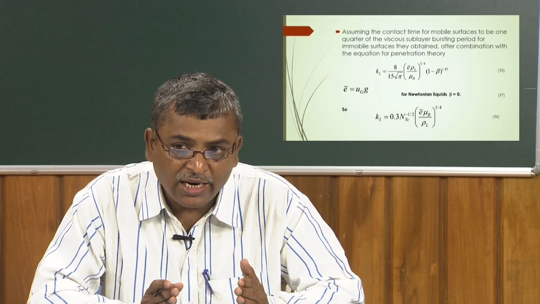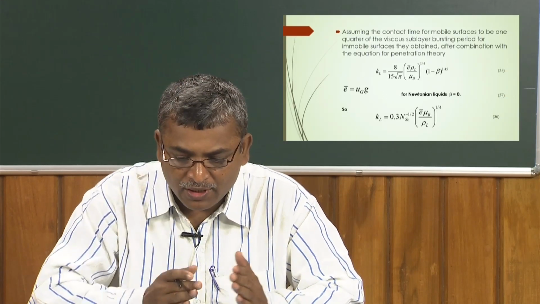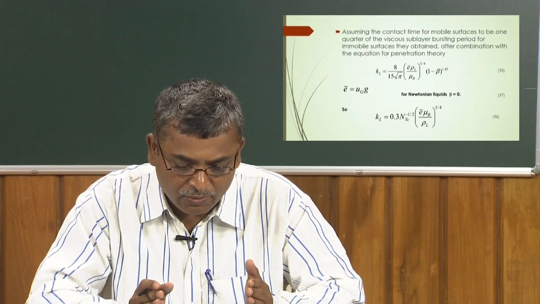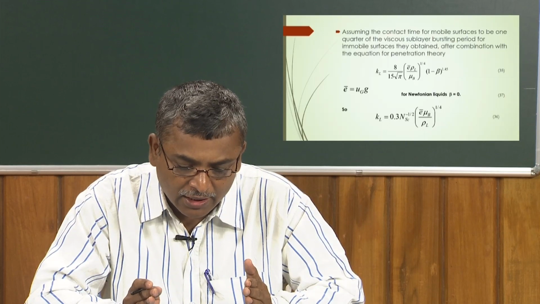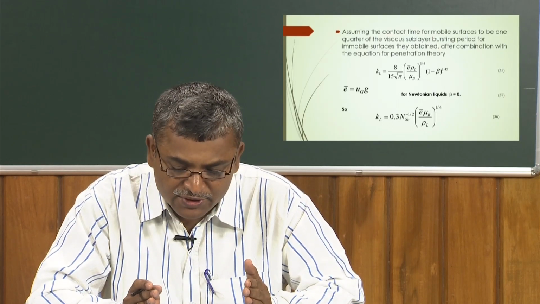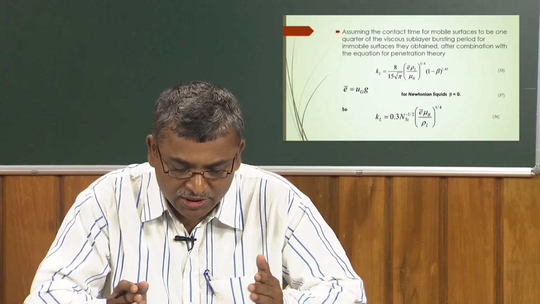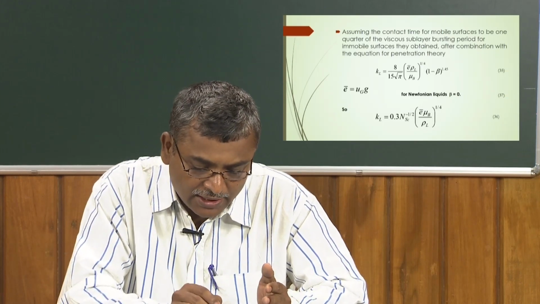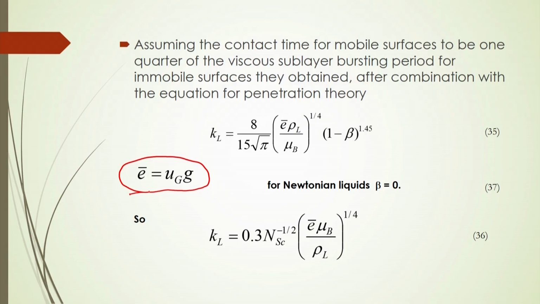And of course, the energy dissipation during the flow depends on the rate of gas inside the fluidized bed, and the energy dissipation, denoted by E bar, is equal to U g into g.